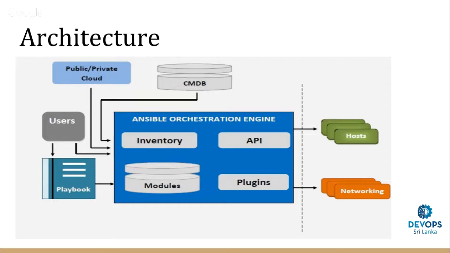And the other fact that we have to know is the playbooks. The playbooks amalgamate all the above mentioned components. I will not go into detail on the architecture, so let's go ahead and see what's next.